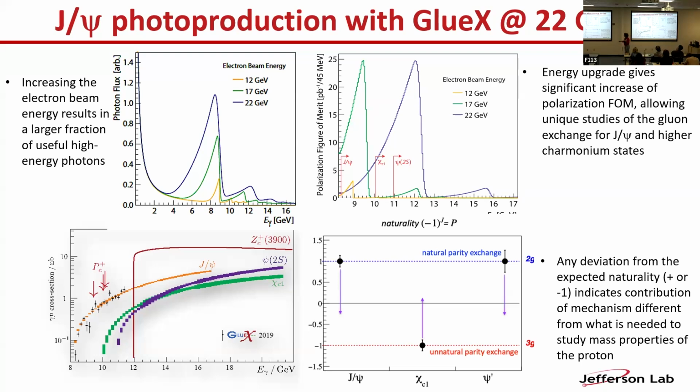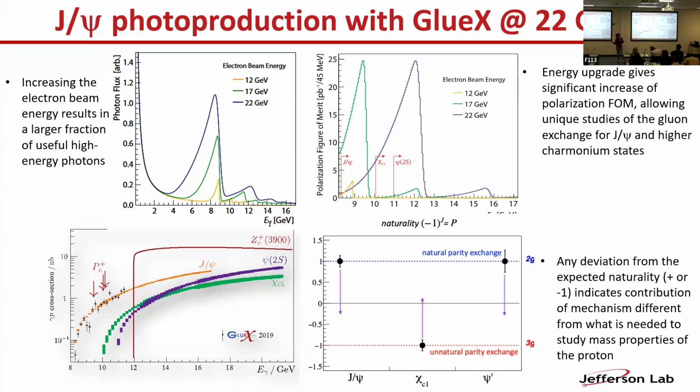And this means that, for instance, for the naturality of the particle, which is defined by this formula, we now have such a large error bar at 12 GeV that we cannot use this parameter, but we will have point measurements with very low error bars. So the 22 GeV will be critical to have a deeper understanding of the J/psi production at the threshold.